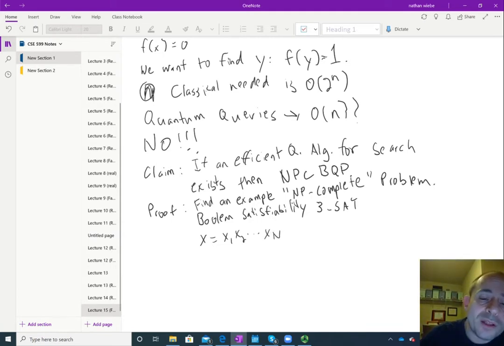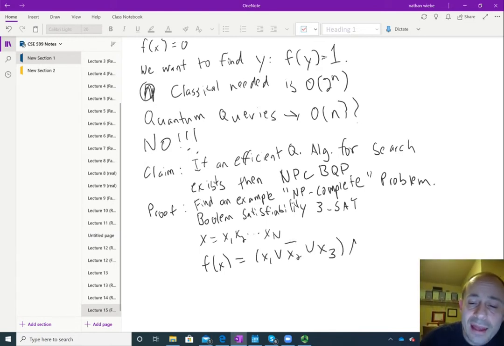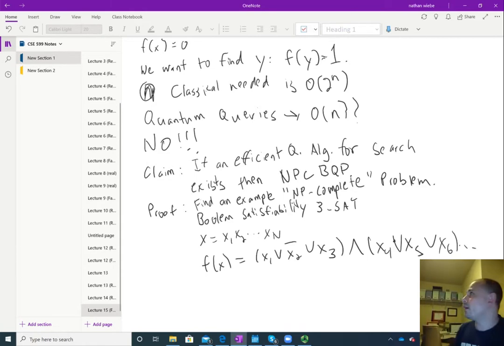And what it tries to do is pick a function such that f of x is of the form, say, (x1 or not x2 or x3) and (x4 or x5 or x6), going all the way down.